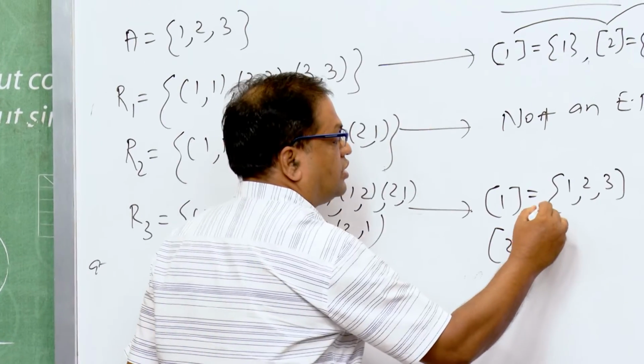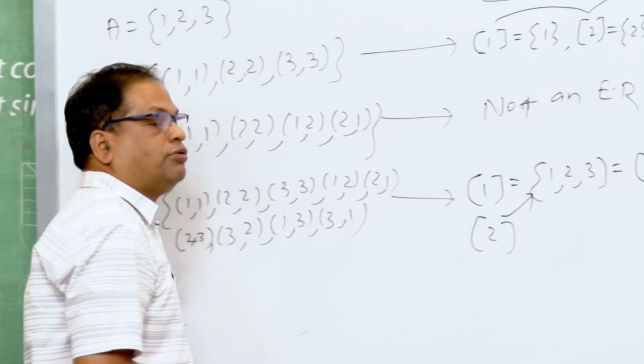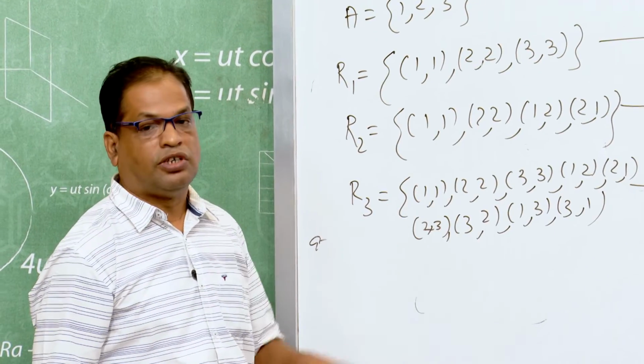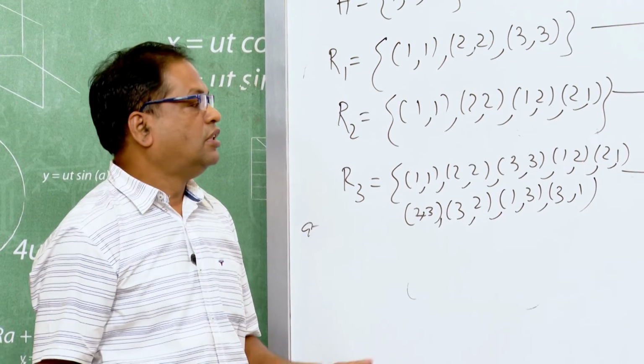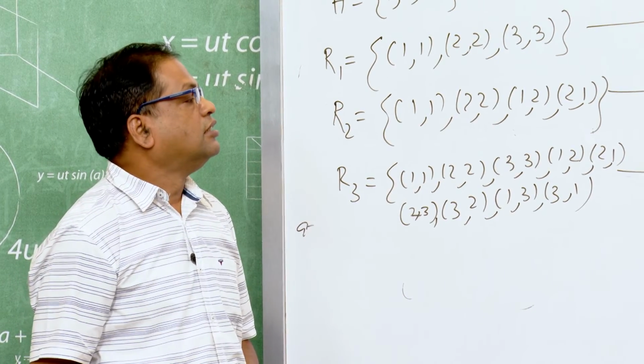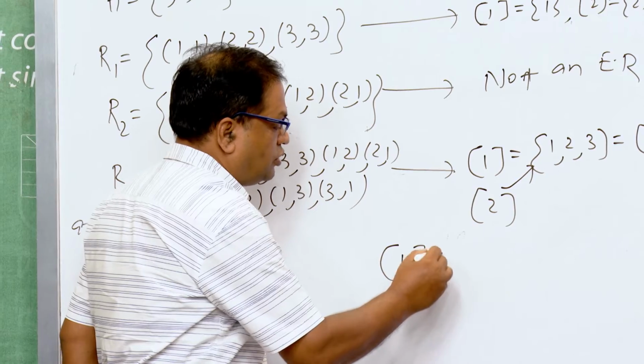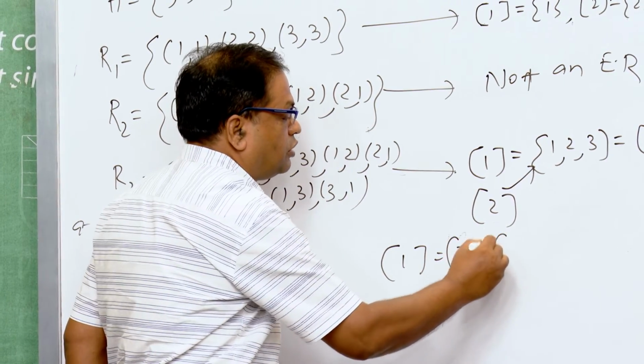We get the same set, and if you test, the equivalence class of 3 is also the same set {1, 2, 3}. That means here there is only one equivalence class, that is the set {1, 2, 3}, because the equivalence class of 1 is equal to the equivalence class of 2 is equal to the equivalence class of 3.